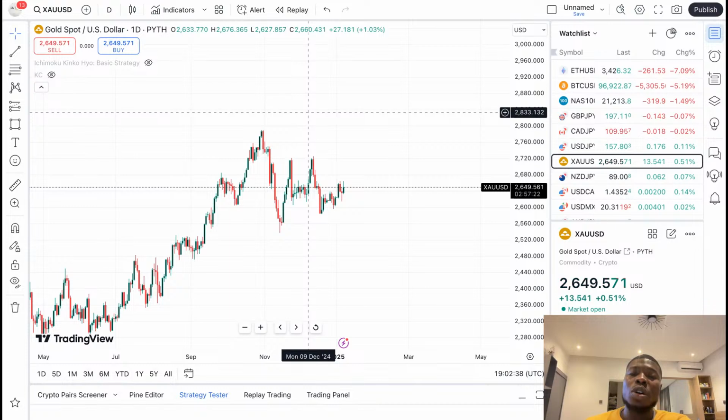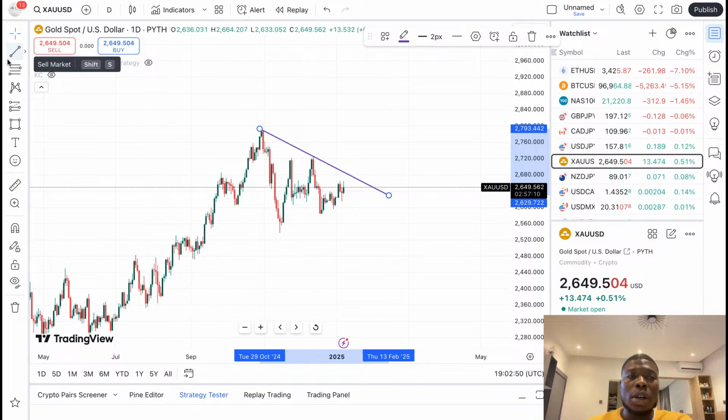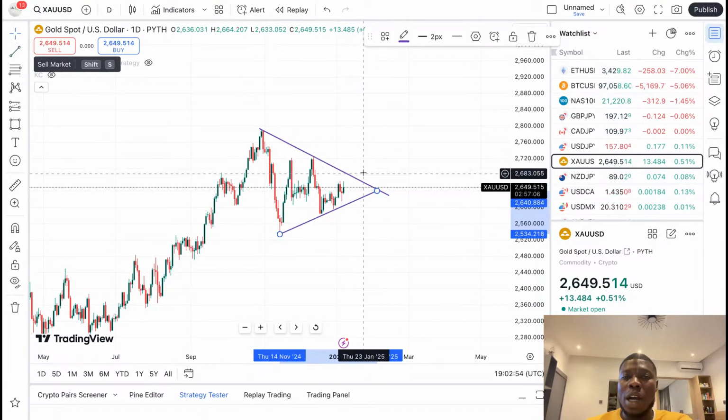So that you don't fall into the trap of losing your money to the market, because most times you can see a pattern, maybe a pattern like this, you can draw your pattern, hoping for it to break out to take your trade.